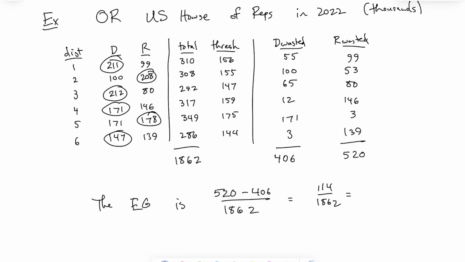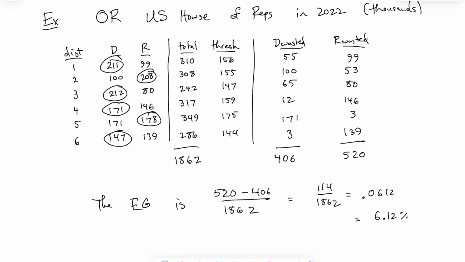And I put this in my calculator. If you just actually do the division, 114 divided by 1862 is 0.0612. In other words, 6.12%. All right. So the meaning of this is that, of course, both of the parties are wasting some of their votes. What that specifically means is the R's wasted 6% more than the D's did.